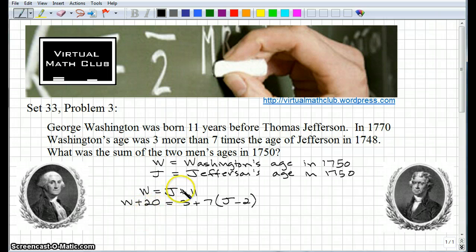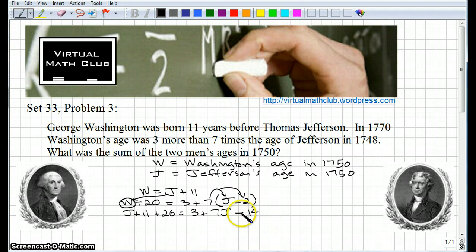I have W equal to J plus 11, so I'll do a substitution: wherever I see a W down here, I'm going to replace it with J plus 11. So J plus 11 plus 20 is equal to 3 plus, and I'm going to distribute the 7 inside here, so I have 7J minus 14.